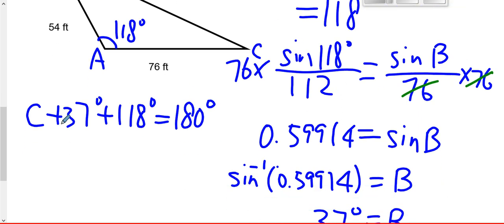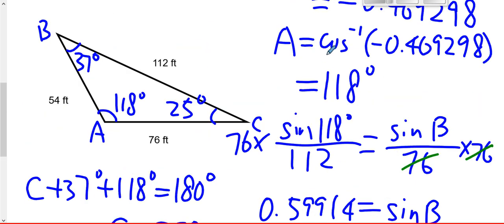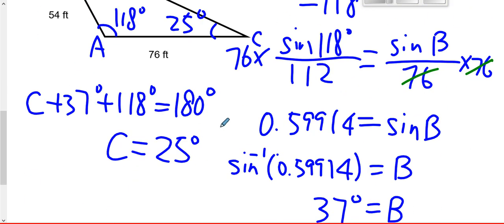So minus 37 and minus 118 on each side, and that will give you angle C to be 25 degrees. I hope you don't find this question too hard. It's just a bit tedious. Look at how many calculations we have done.